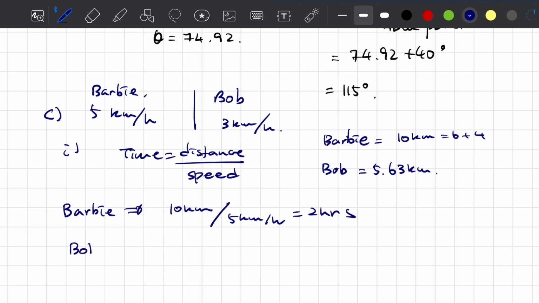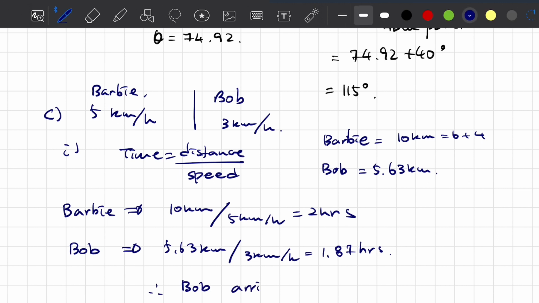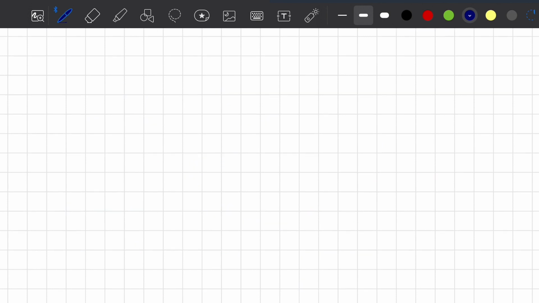And Bob took 5.63 kilometers divided by 3 kilometers per hour, which is about 1.87 hours. So we know Bob arrived first. Then question C part 2: we need to identify how long this person needs to wait before the other arrives.